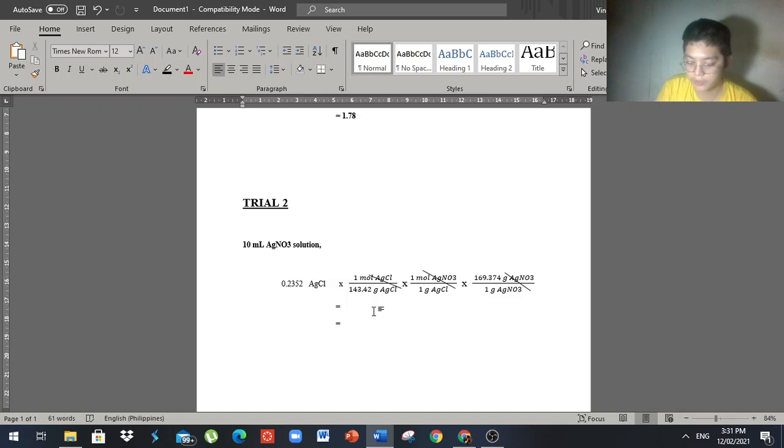So we're going to get around 0.2778. Then multiplying by 10, since we only poured around 10 ml of solution, which is 10% of the total number.